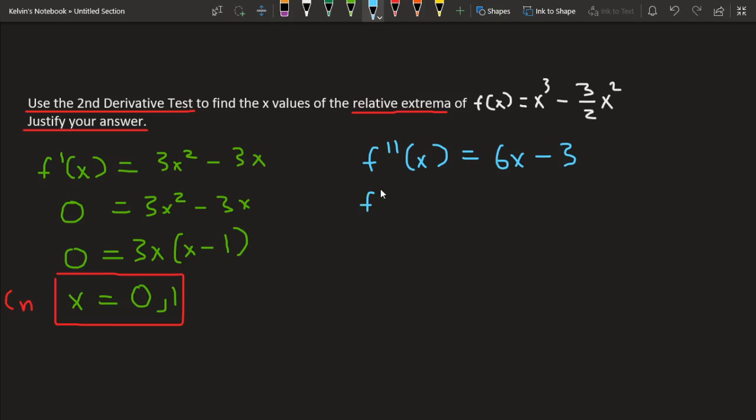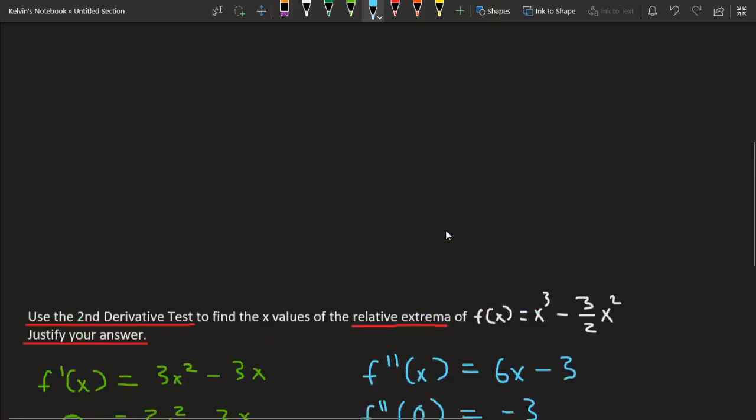So f double prime of 0 is equal to 6 times 0 is 0 minus 3, so it's just negative 3. And f double prime of 1 is simply equal to 6 times 1, which is 6, minus 3, which is 3. So, now that we have this, we can go to our notes again.